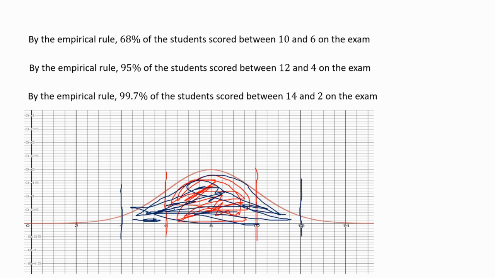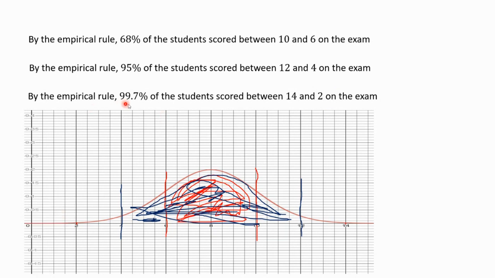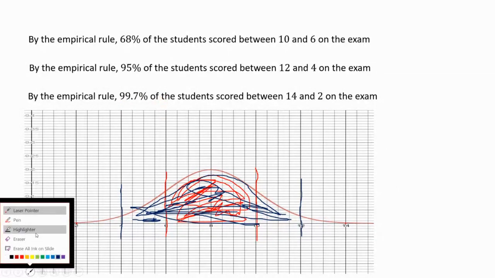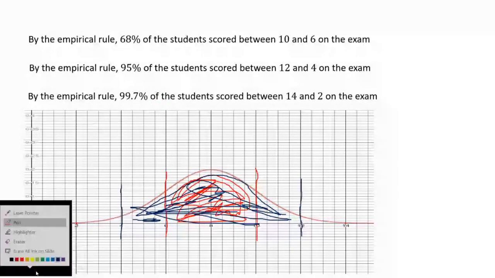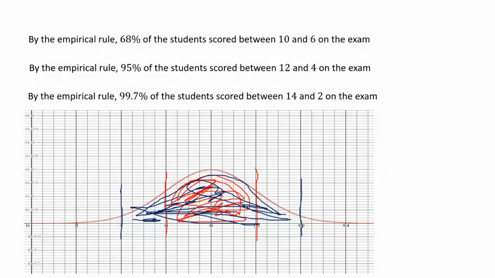Again, we keep subtracting and adding the standard deviation. And finally, between 2 and 14, which is 8 minus 3 times the standard deviation and 8 plus 3 times the standard deviation, you have 99.7% of the data. I won't shade it in, but I will at least draw the vertical lines as best I can.